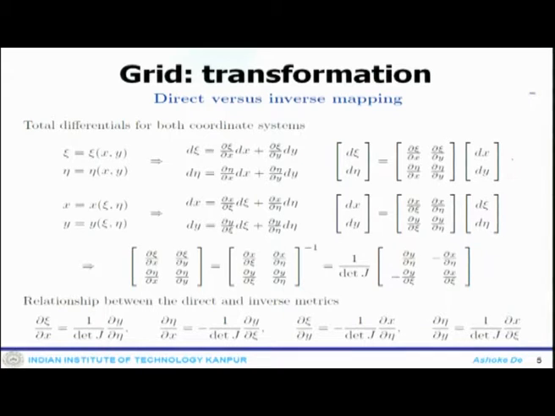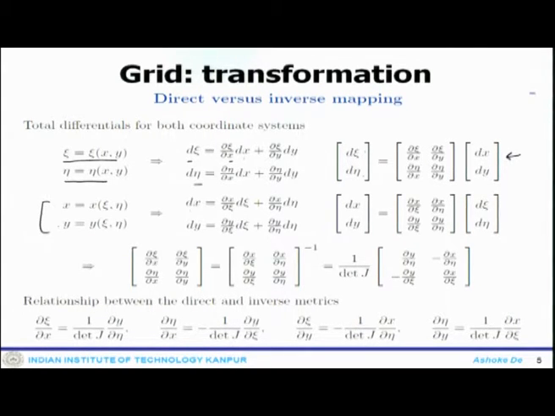So finally, if you put down everything together that we have discussed so far, xi is a function of x, y. So d xi, if I look at it using the chain rule, is del xi by del x dx, and eta is a function of x, y. So d eta I can write similarly. So d xi and d eta with del xi by del x and del eta, that is one system.